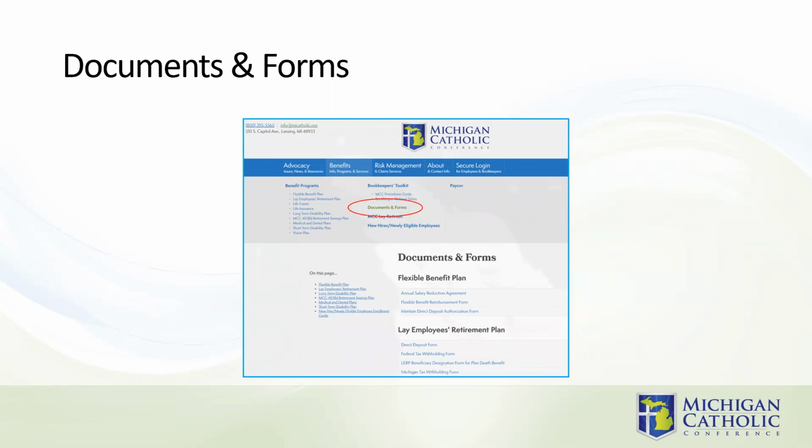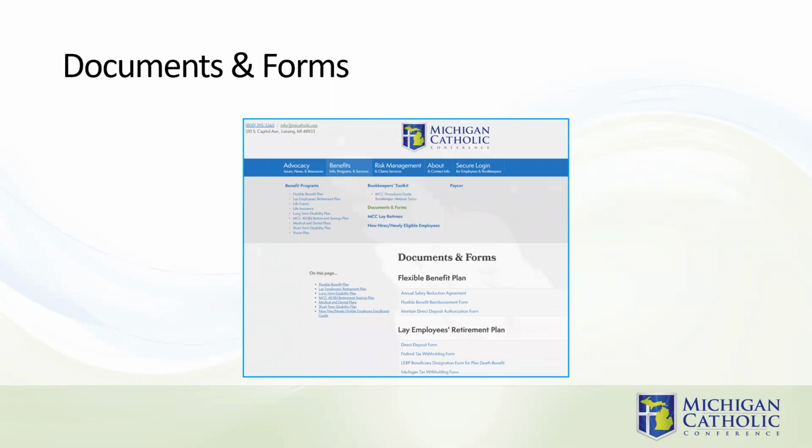MCC Section 125 Flexible Benefit Plan, which, as a reminder, is more than just flexible spending accounts. It includes all pre-tax deductions. Our Lay Employees Retirement Plan, long-term disability, short-term disability, our 403B plan, our medical and dental plans, and New Hire Newly Eligible Employee Enrollment Guide.